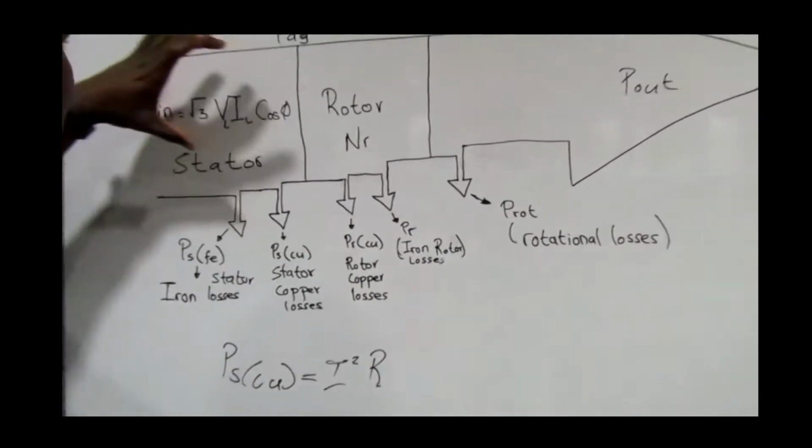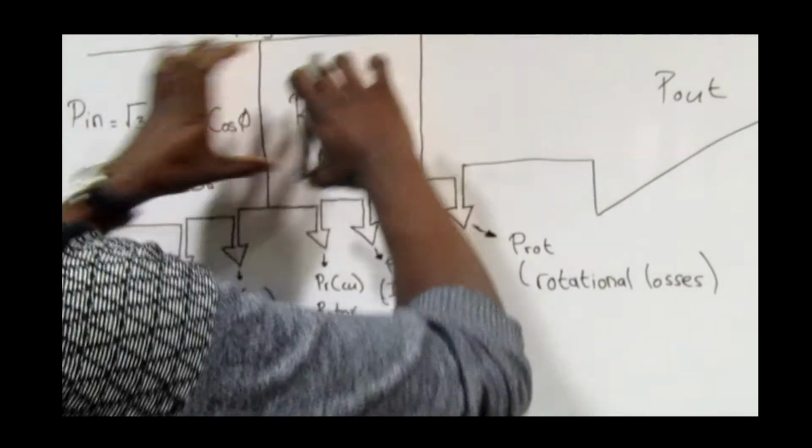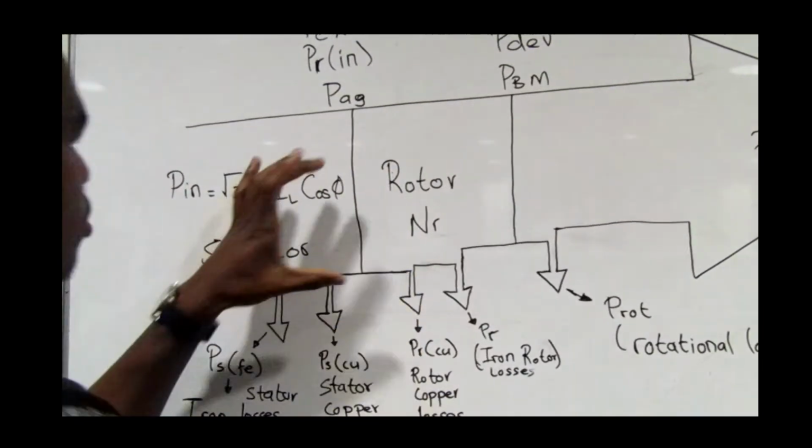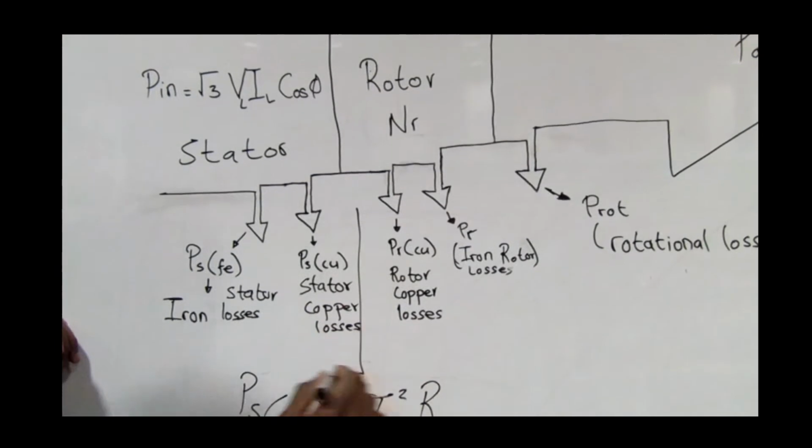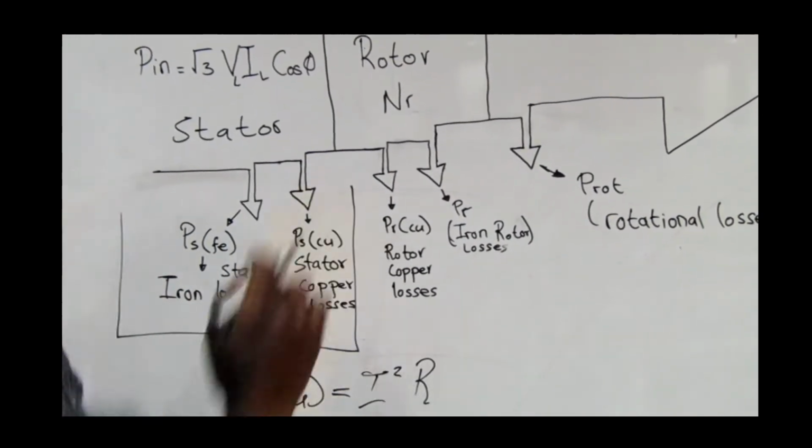Now, the power that moves from P-in to the rotor suffers these two losses.